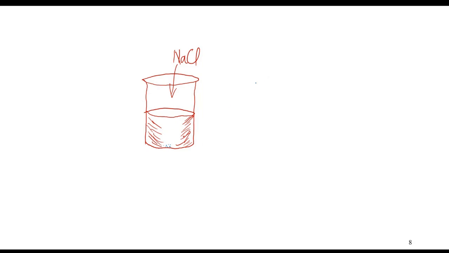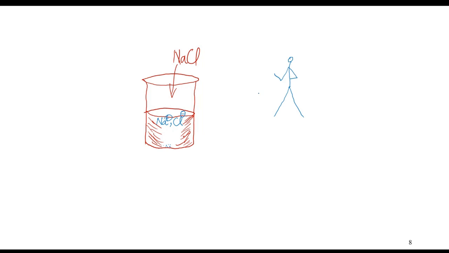Okay, friends, what happens here? When you dissolve an ionic compound, these compounds change to positive and negative ions. Now, if I am here, this is me, if my drawing is not good, forget about this one.